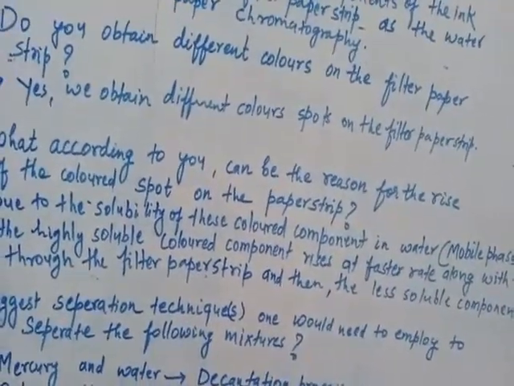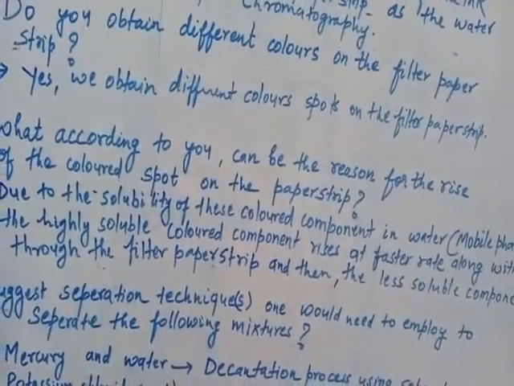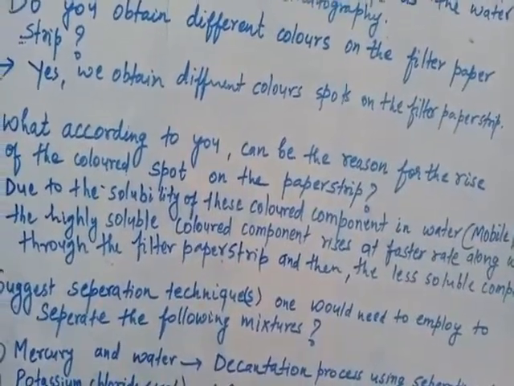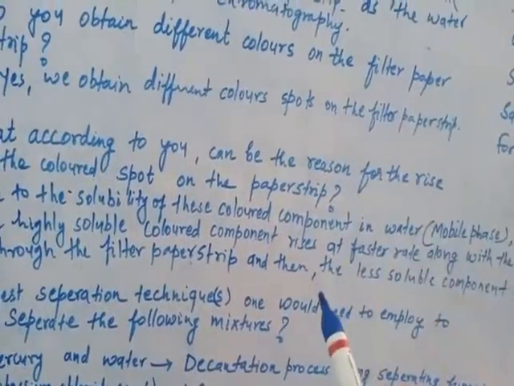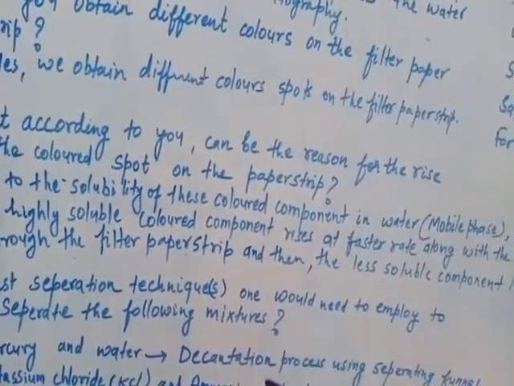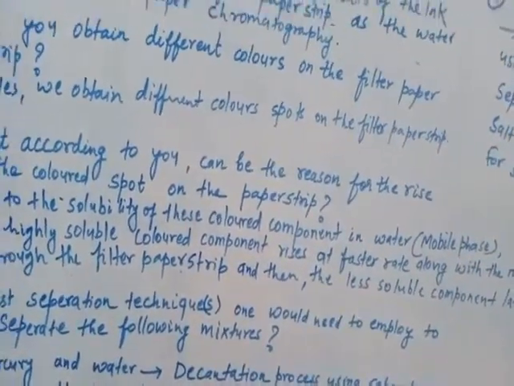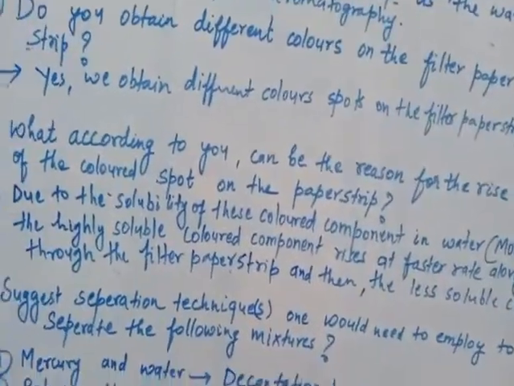So the most soluble component in the mobile phase rises at the faster rate, and you can see the spot at the top, and then later the other components which are less soluble in the mobile phase.